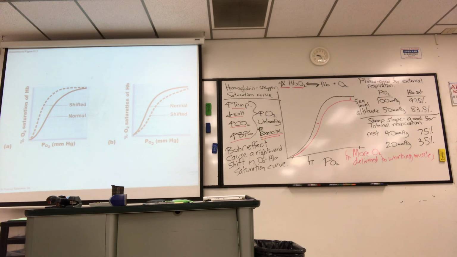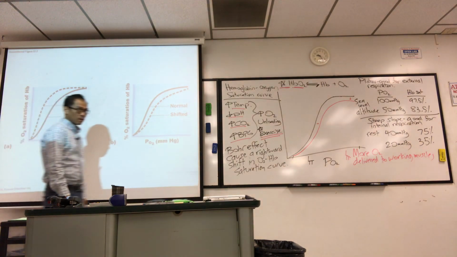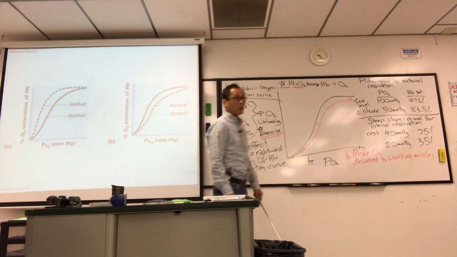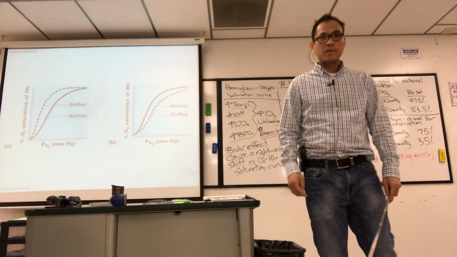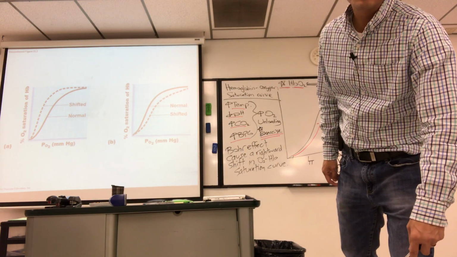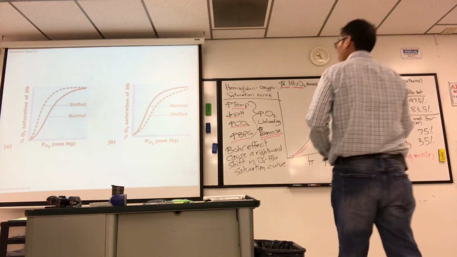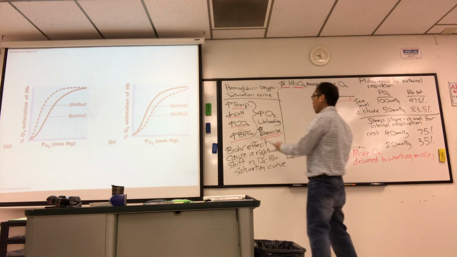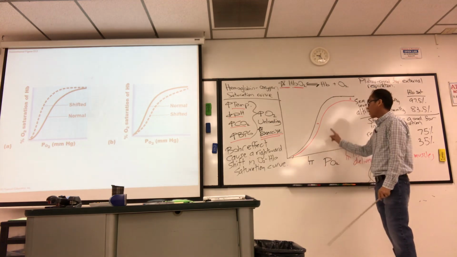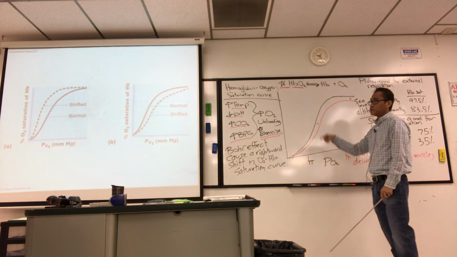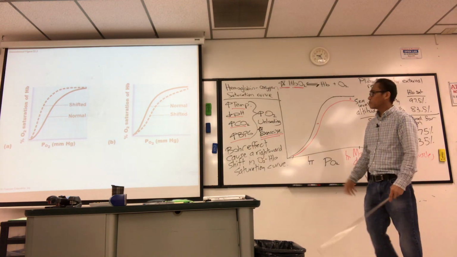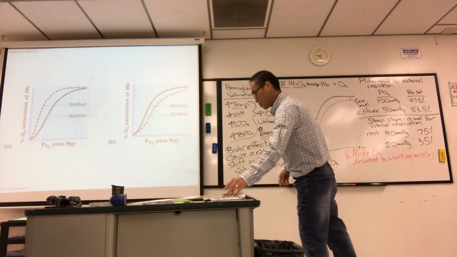Here's a couple of pictures showing you the normal curve as a solid line, and you shift the curve one way or the other, shown by the dotted line. I already told you how these four things shift it down and to the right. You could shift it the other way.